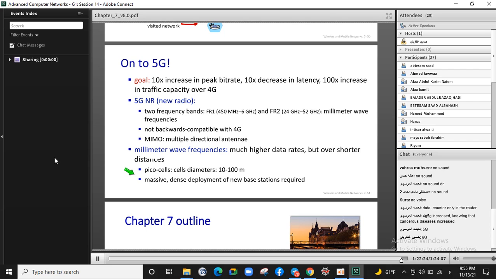Why? Because, for example, in 5G, I said I'm using picocells because I want to use signals with very high frequency. Those signals have too much power, and at the same time their communication ranges are very short.